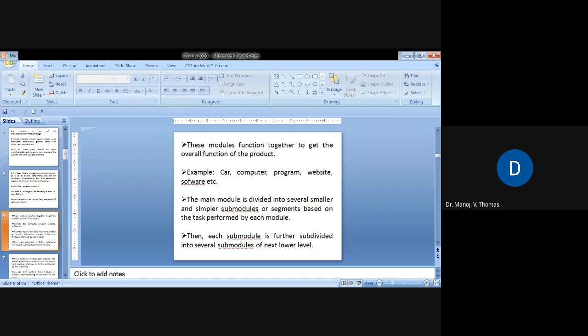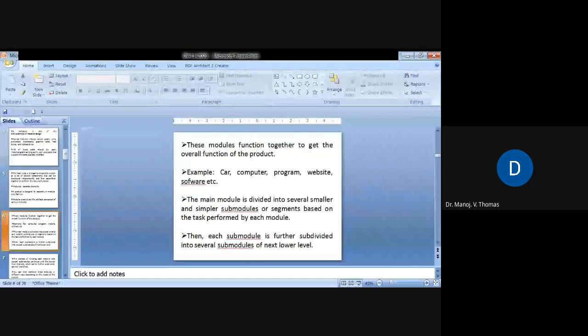Another function finds the sum of the two numbers already received. That is the second function, second module. The third function just displays the sum on the screen. So these three functions constitute the entire program to accept two numbers, find their sum, and finally display it on the screen.